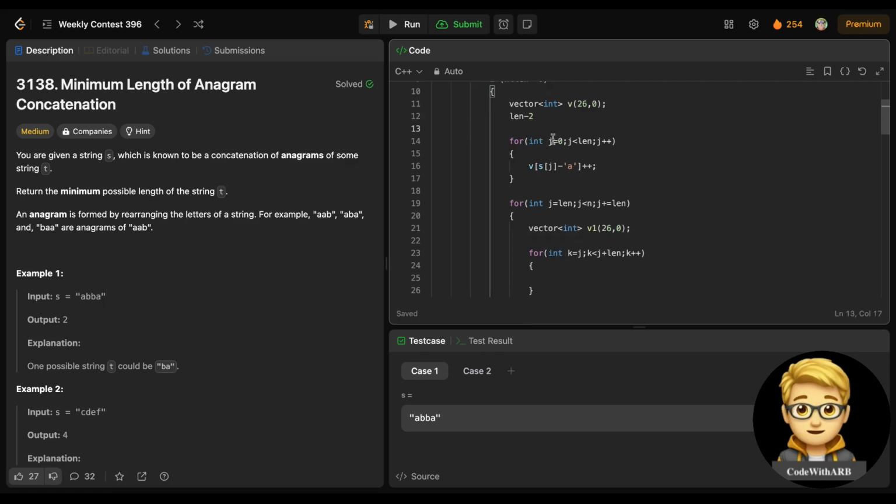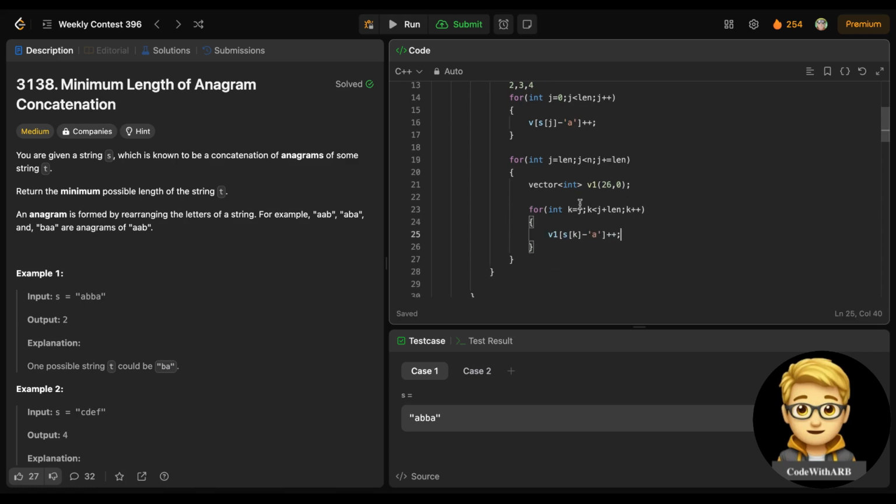We will store all the characters from 0 to 2 first. Now we will start from the 2nd index, and for this we iterate till 3, so 2, 3, 4. So we will store all the characters in v1, so v1 of s of k minus a, right? And we will store all the characters of this length in my second vector, right?